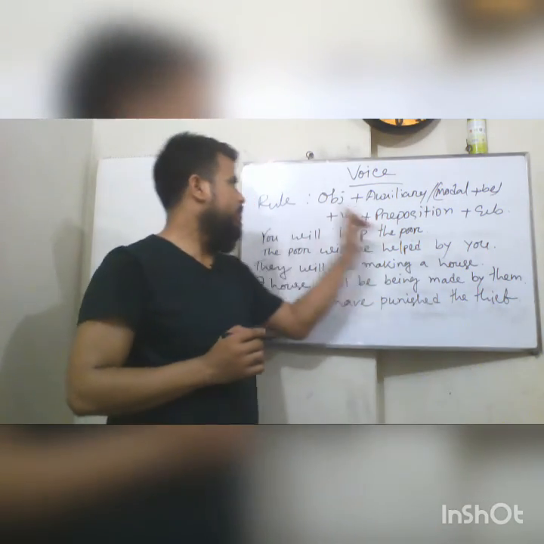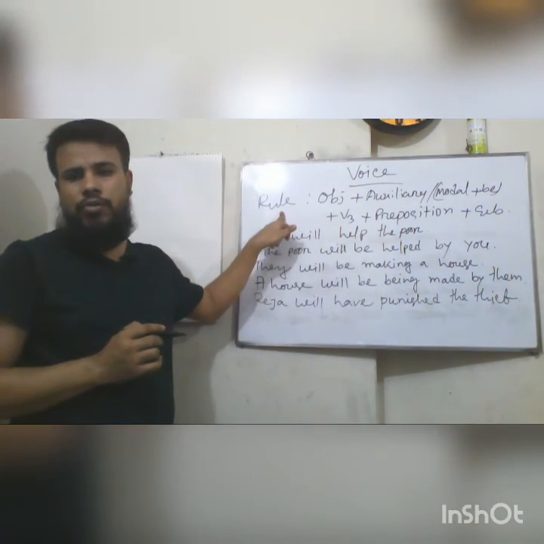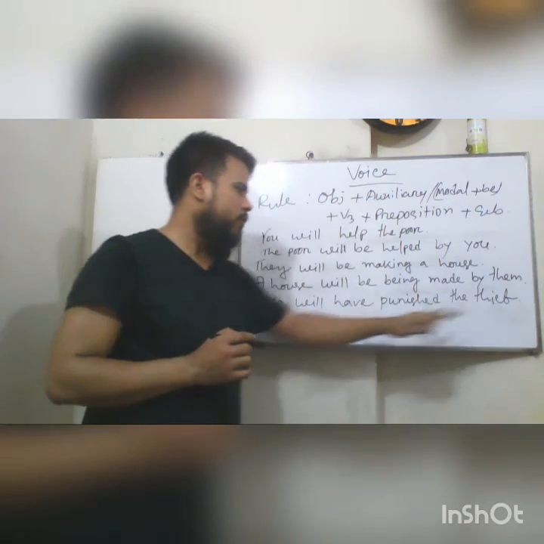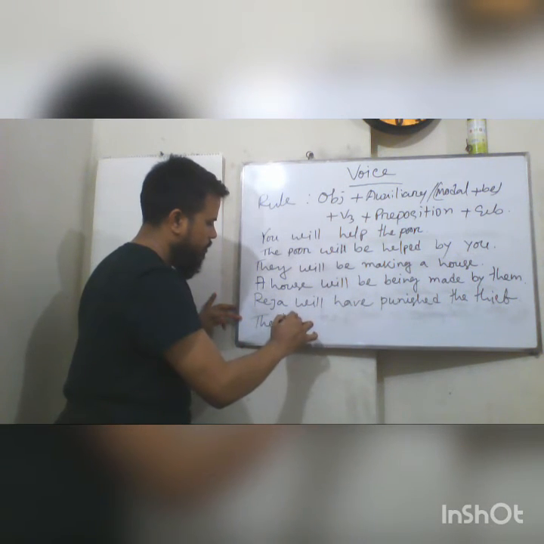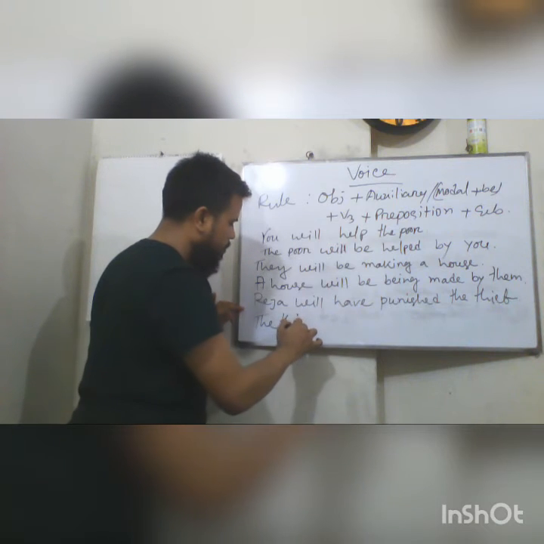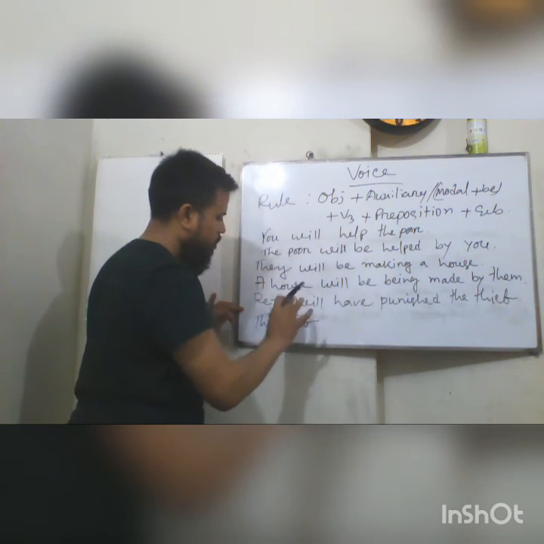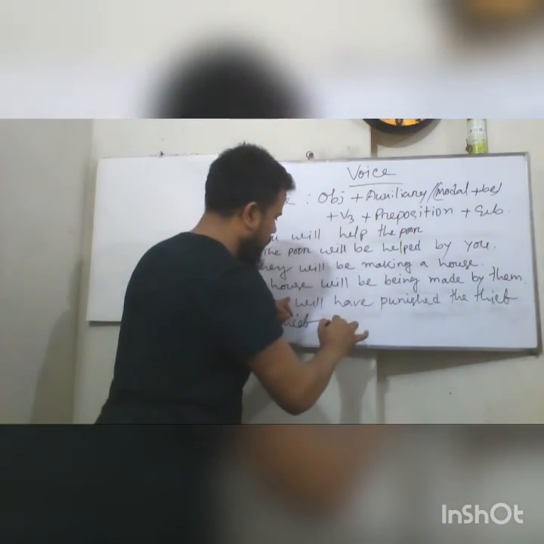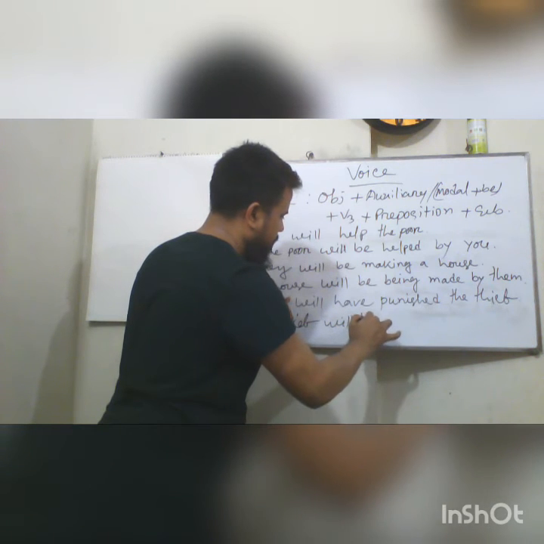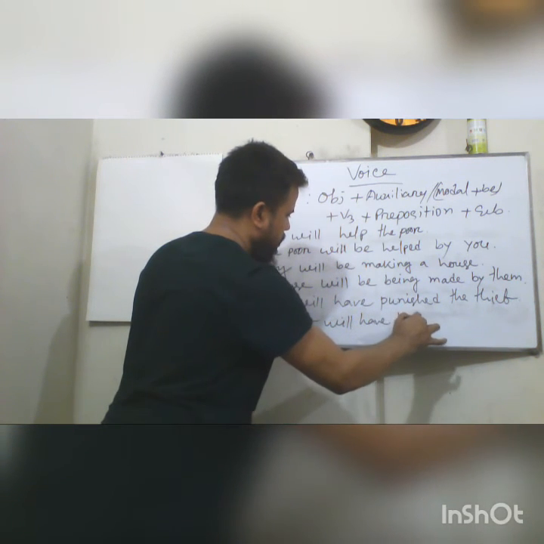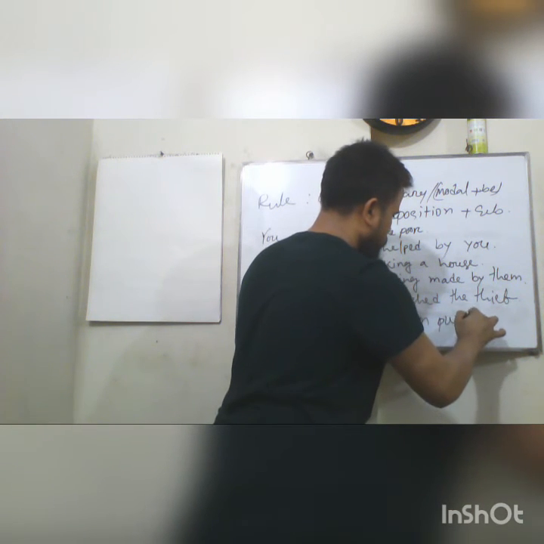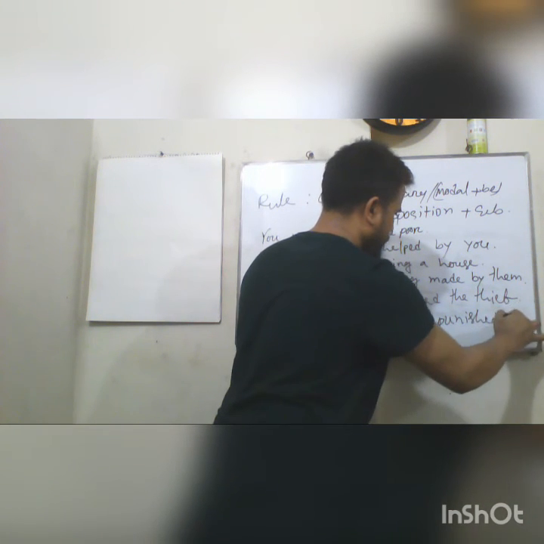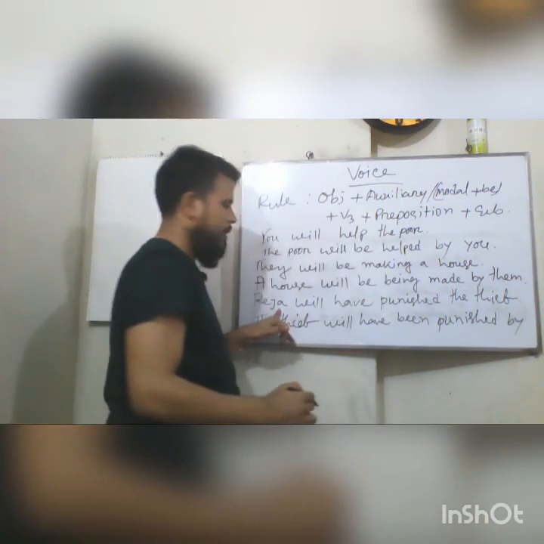The object, the thief, by. According to this rule, the thief, the object, comes to the subject. The thief will have been punished by the subject, Reza.